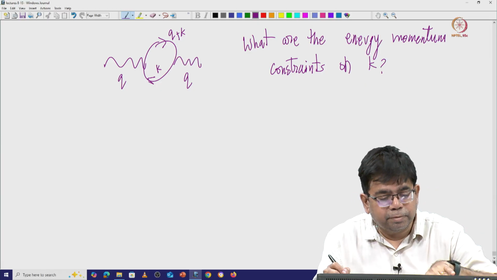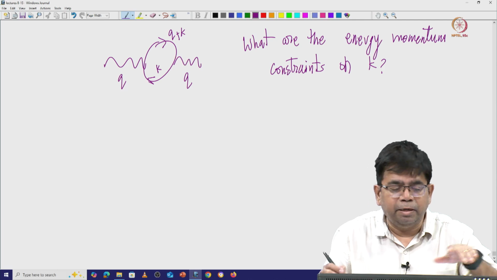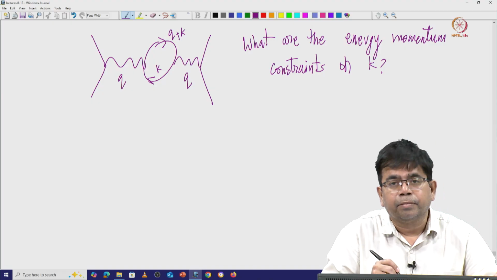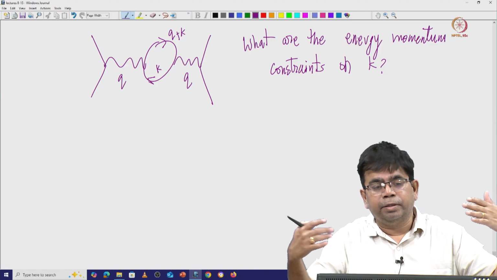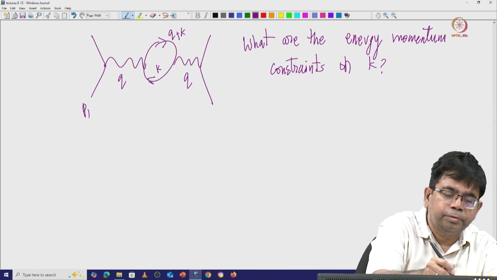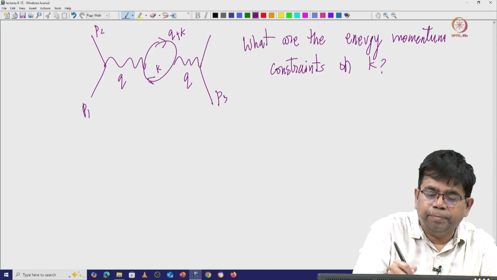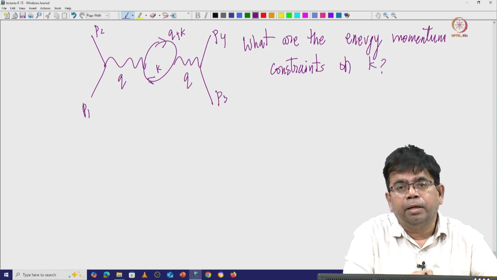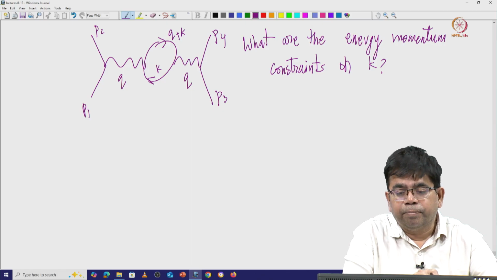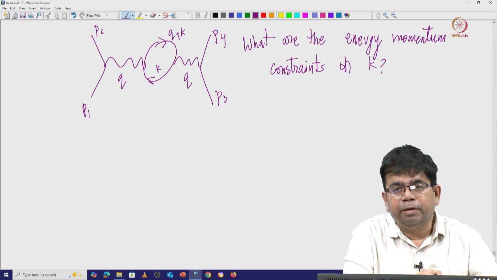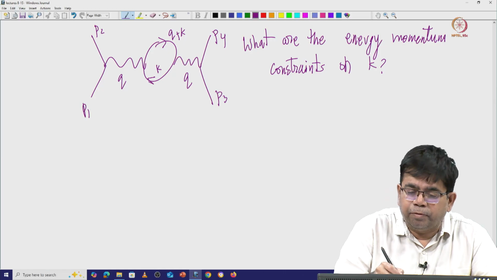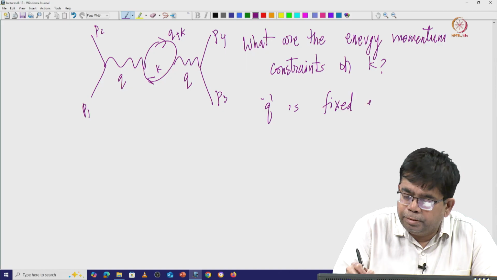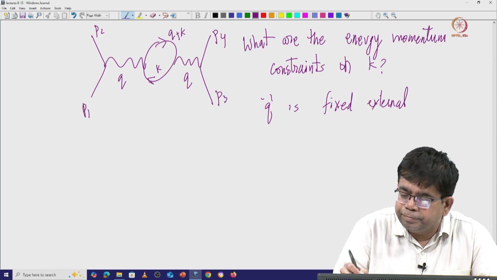Now these momenta, the q momenta, are constrained because they depend upon the energy of the external lines. So you have photons with P1, P2, P3, P4. So q is fixed by your external momenta P1, P2, P3, P4.